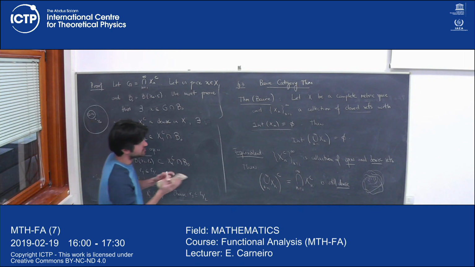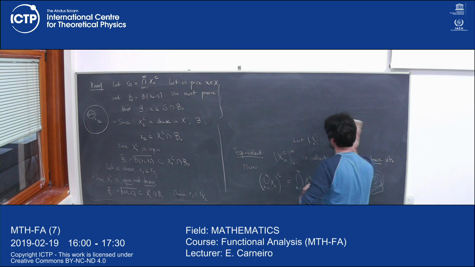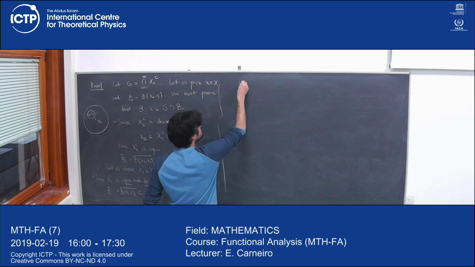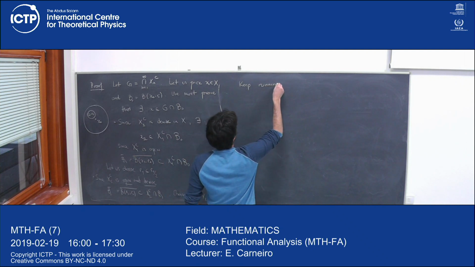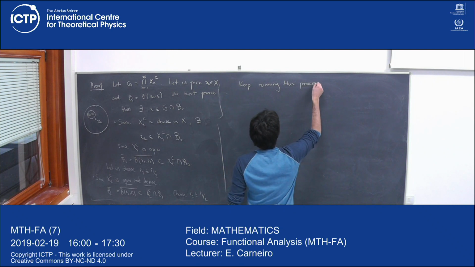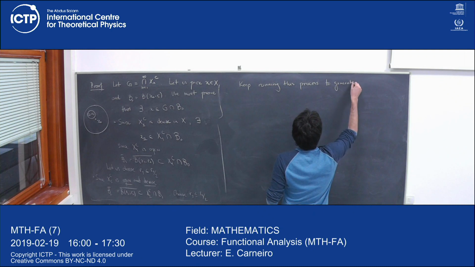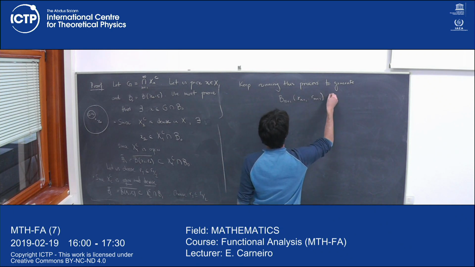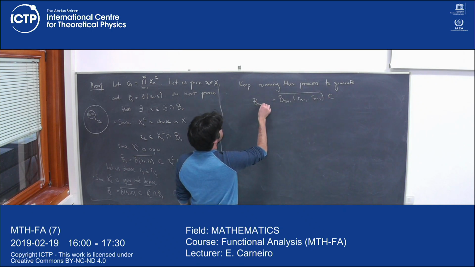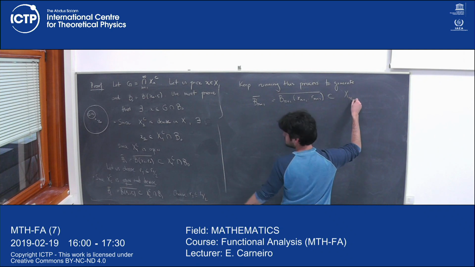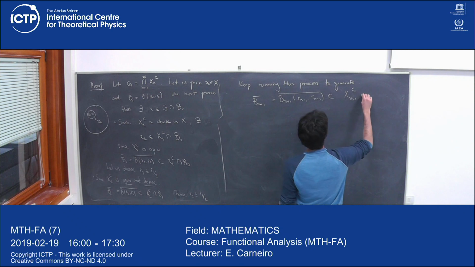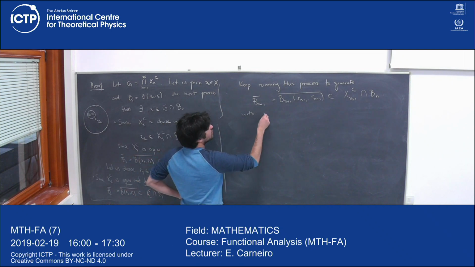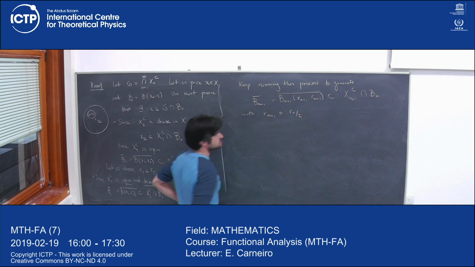And you keep running this process to generate these balls, say Bn plus 1 with center Xn plus 1 and radius Rn plus 1, contained in the Xn plus 1 complement intersection Bn, with Rn plus 1 less than or equal to Rn over 2.